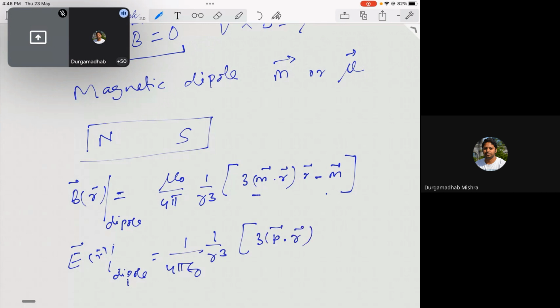A similar expression also exists. By nature they look pretty similar, as you can see. You only replace m by the electric dipole moment p; otherwise the expressions look exactly the same. So this is how you can produce a magnetic field due to a magnetic dipole, or an electric field due to an electric dipole.